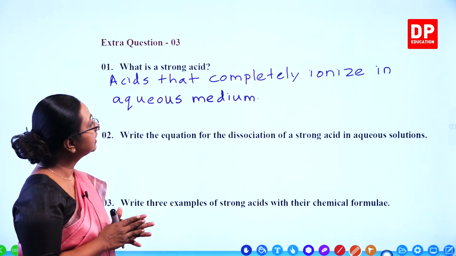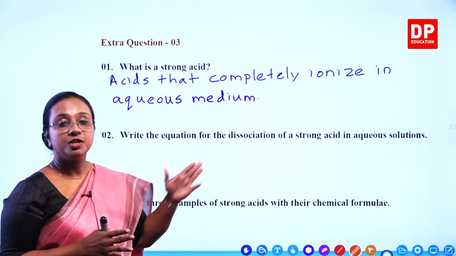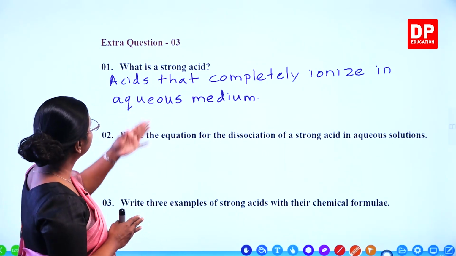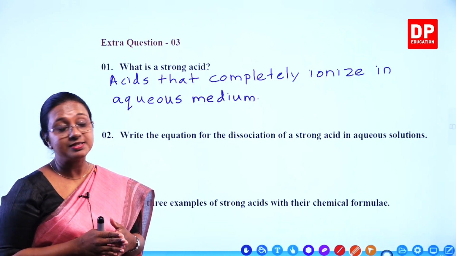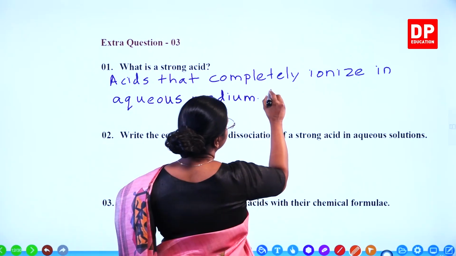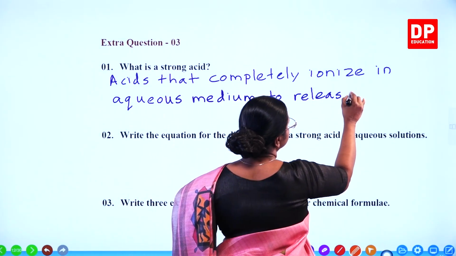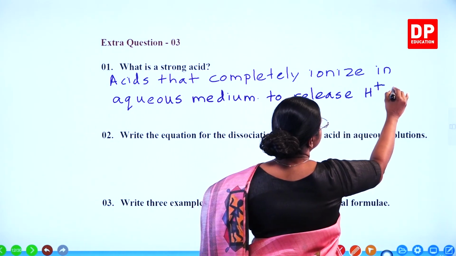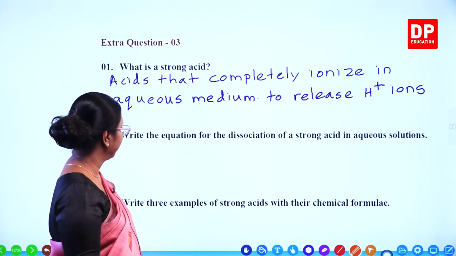So, acids that completely ionize in aqueous medium to release H plus ions. When you say acid, it's understood that they release H plus ions. Or you can say medium to release H plus ion. So then the answer is even more complete.